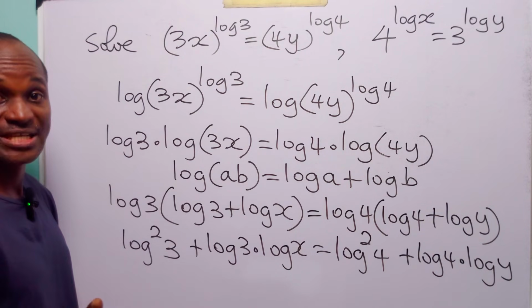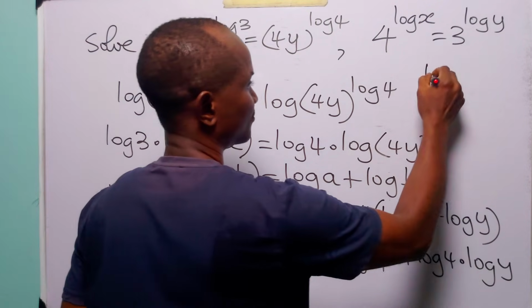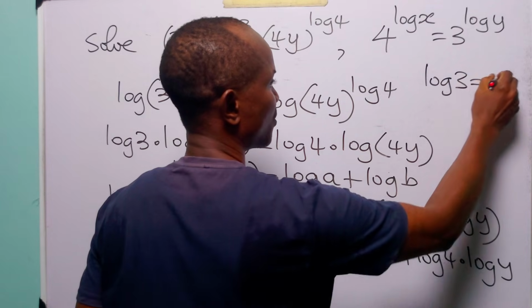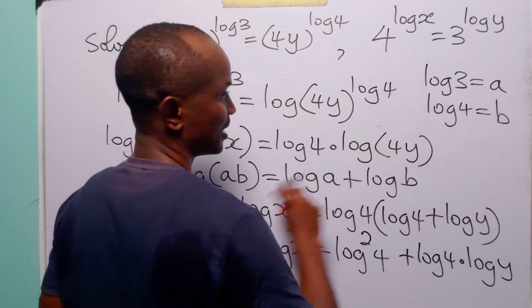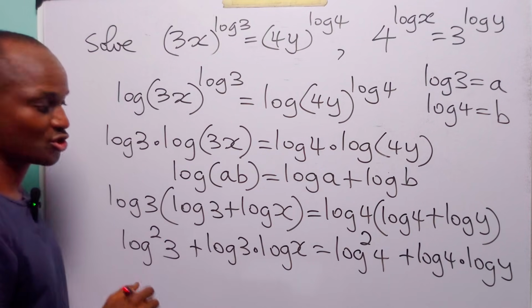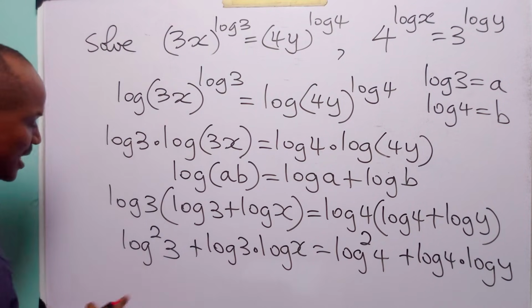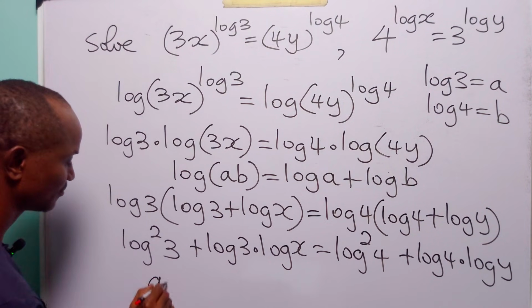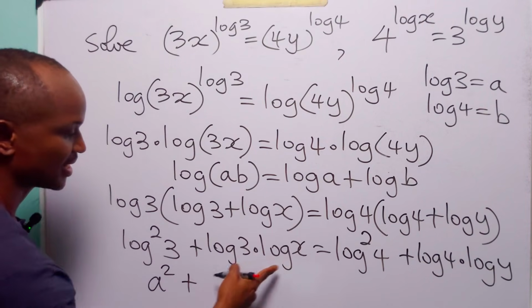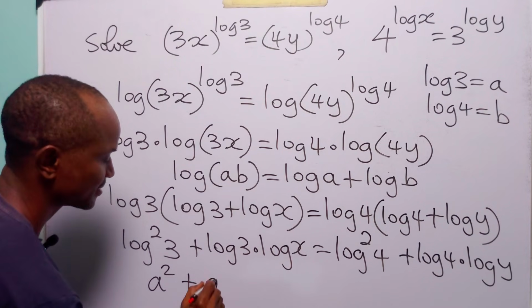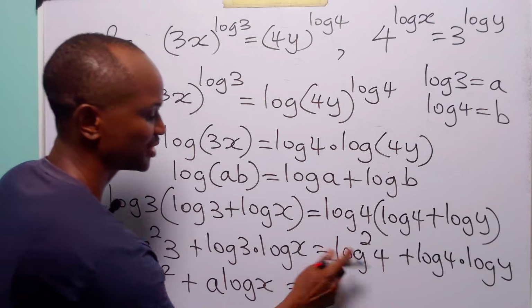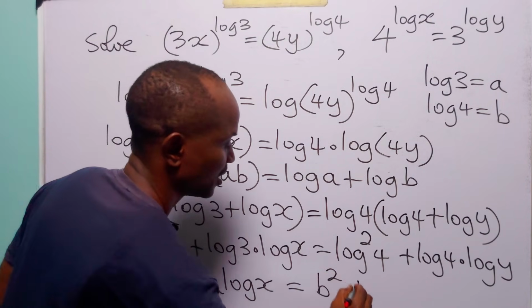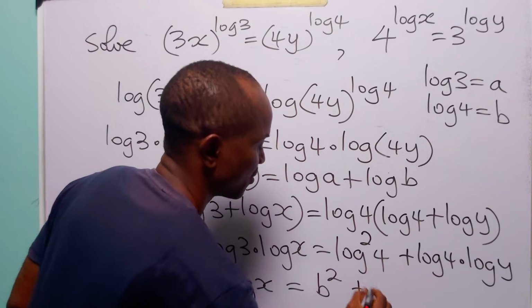Now let us make life easy for ourselves. Let log 3 be equal to A and log 4 be equal to B. With these two substitutions, we can now write this equation as A squared plus A times log x, that is A log x, and this is equal to B squared plus B times log y.